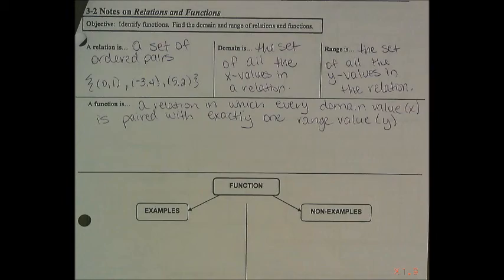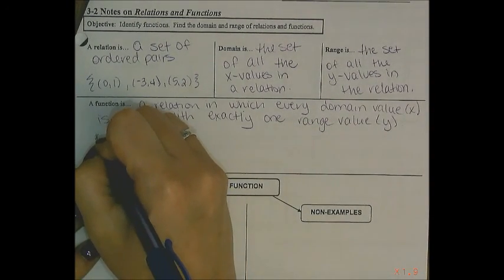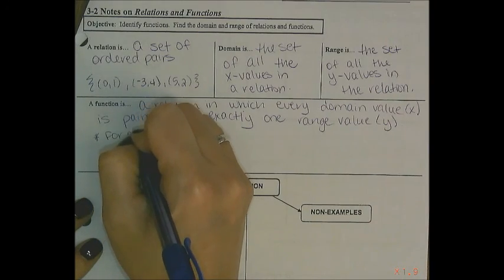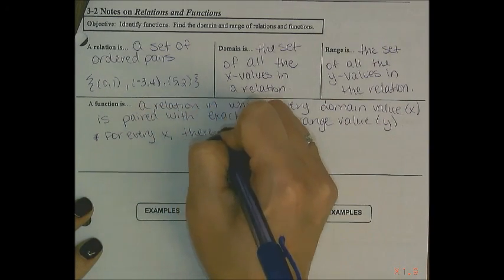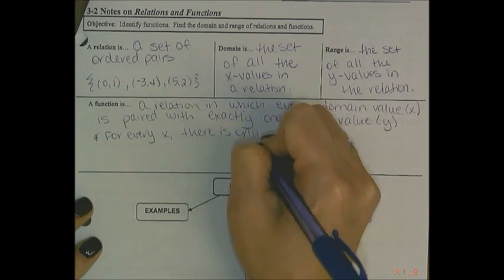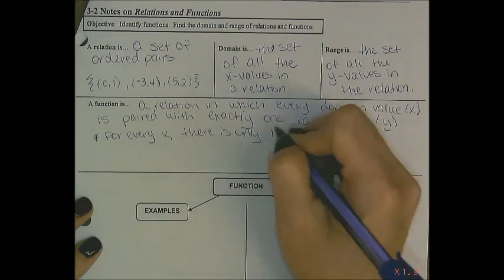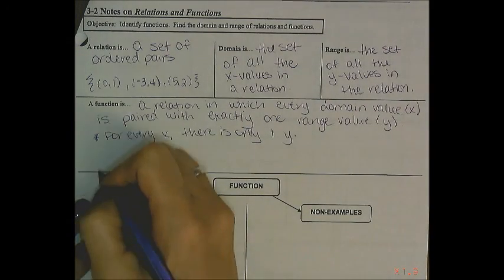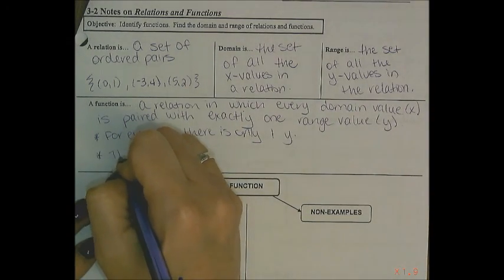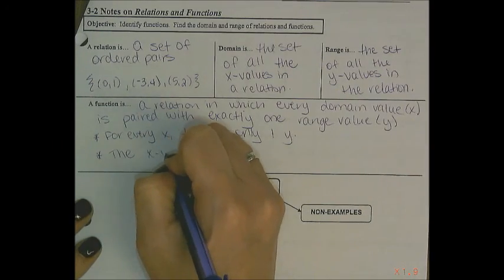A quicker way of saying that is for every x there is only one y. Another way to think of it is the x values cannot repeat.